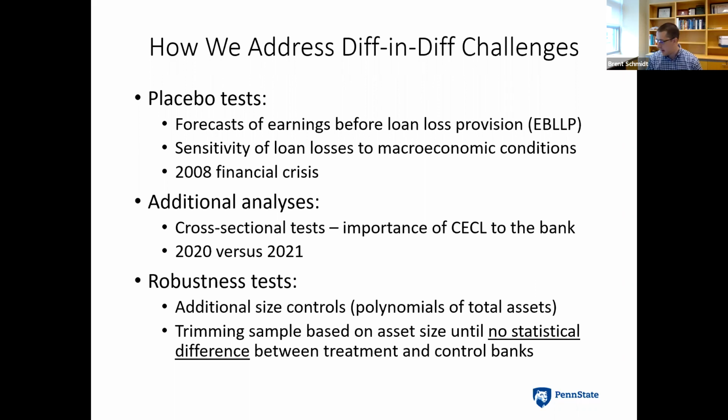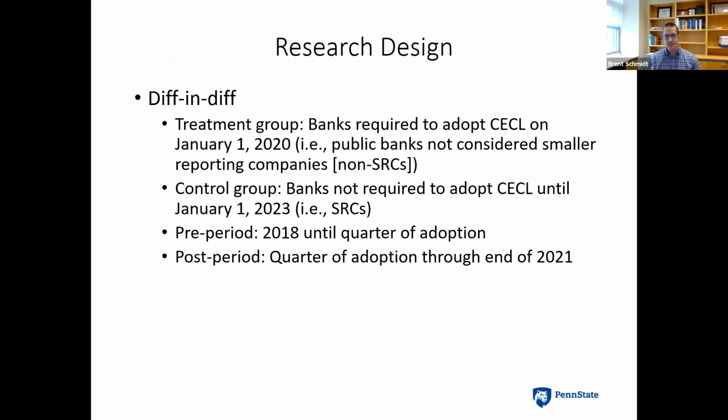Maybe I can jump to our main research design to illustrate this. Our main treatment group are banks that are not considered smaller reporting companies. This is something defined by the SEC: non-SRCs, public banks not classified as smaller reporting companies, were required to adopt CECL as of January 1st, 2020.